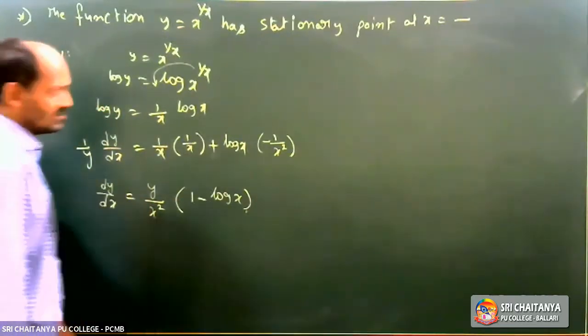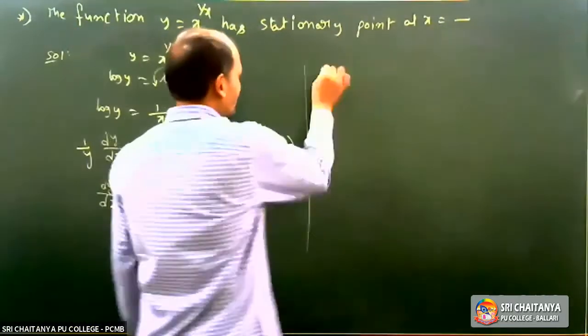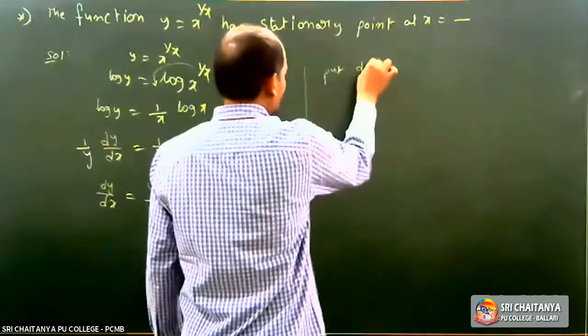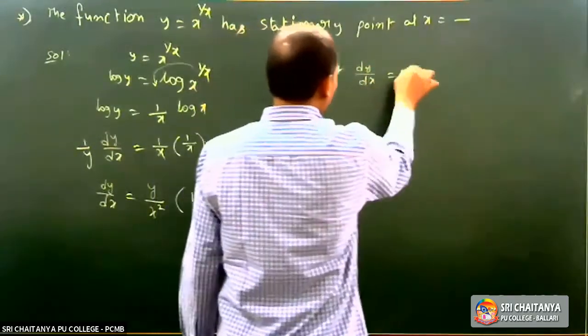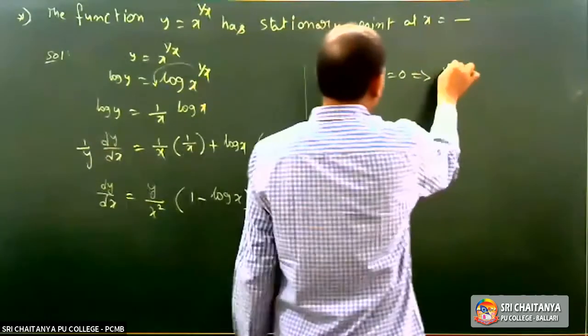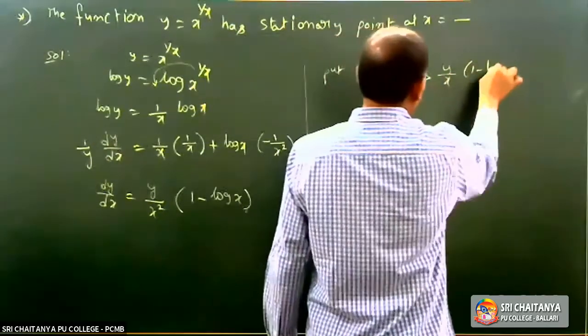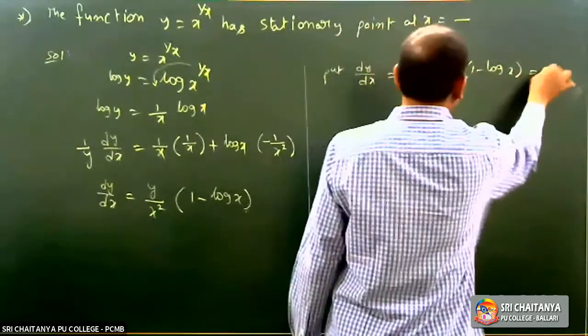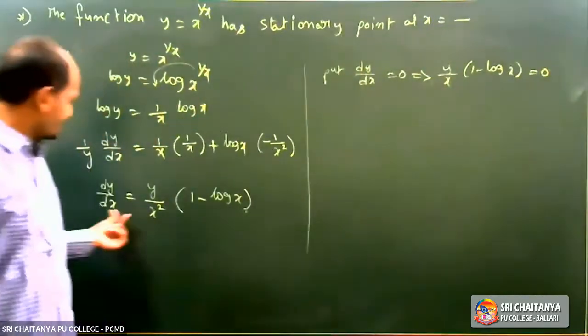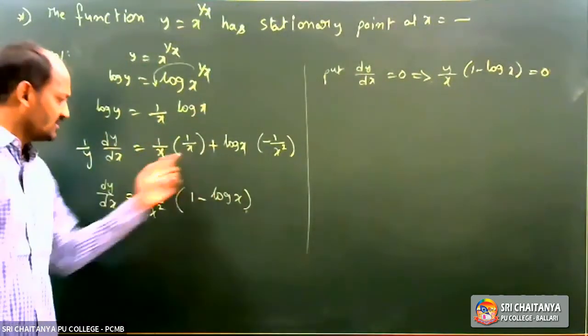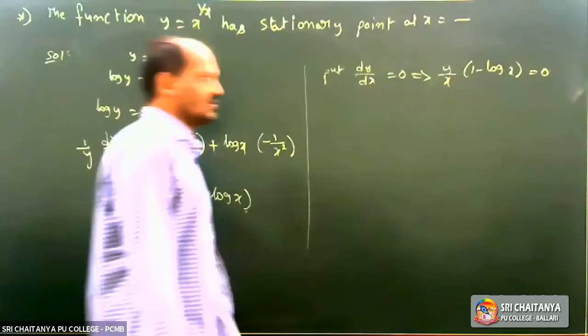Put first derivative equal to 0. Put dy by dx equal to 0. Then we get y by x square into 1 minus log x is equal to 0. The first derivative is equal to 0, so that means this total term is equal to 0.